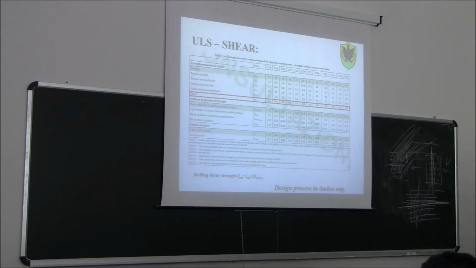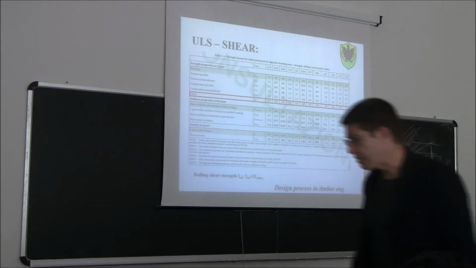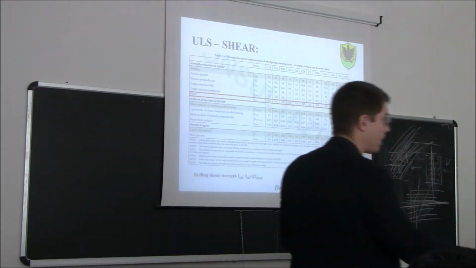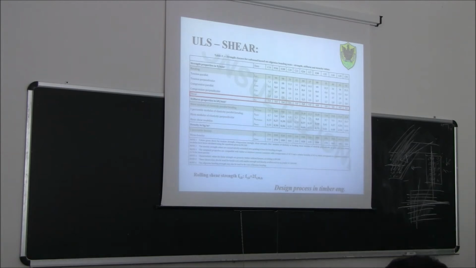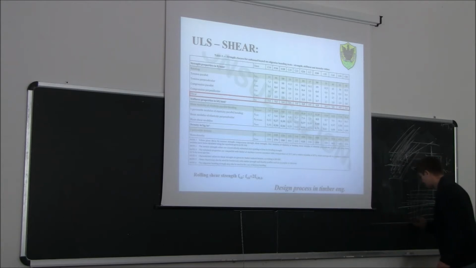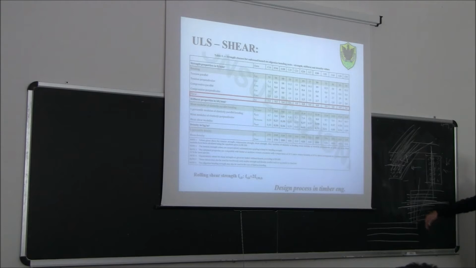Instead, you will have to consider rolling shear when you design a two-dimensional member. For example, a panel made of CLT, a cross-laminated panel. In this case, if you remember, we have different layers of boards which are oriented in a different way. So, for example, this is a longitudinal view.